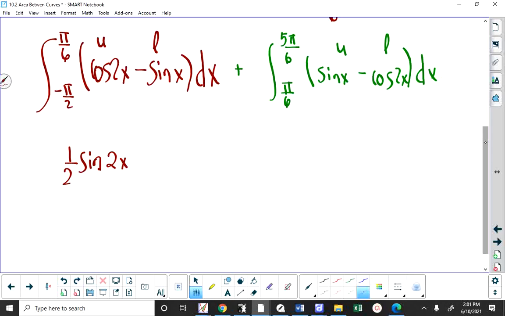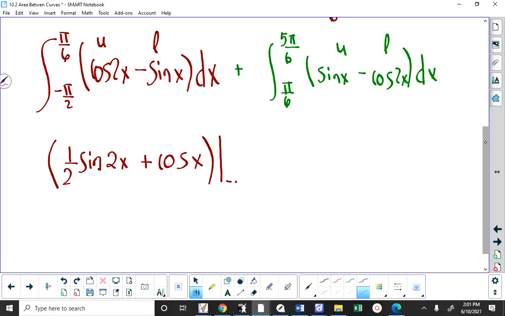You differentiate negative cos, which means, and we're going to double check this, when we go minus the antiderivative of sine, we're going to have plus cos x. So we differentiate that and convince ourselves the derivative of 1/2 sine 2x is cos 2x. The derivative of cos x is negative sine x. Excellent.